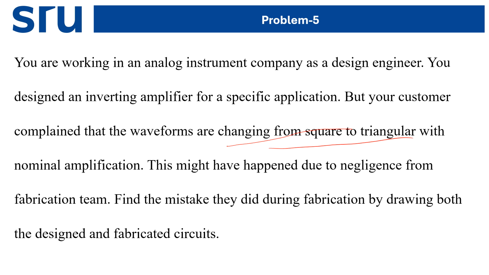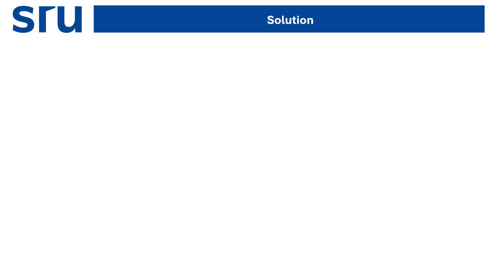Basically, we will see what the design circuit was and what the fabricated circuit was, then we can understand the mistake. As per the design, the circuit was supposed to be an inverting amplifier. This Vi, here it should be grounded, this is R1, this is RF, and from here it is supposed to take the Vo.